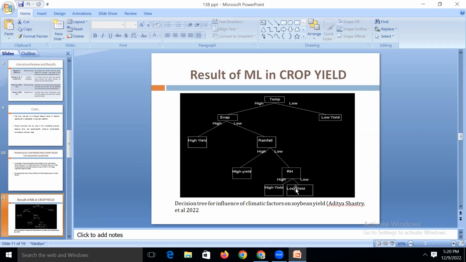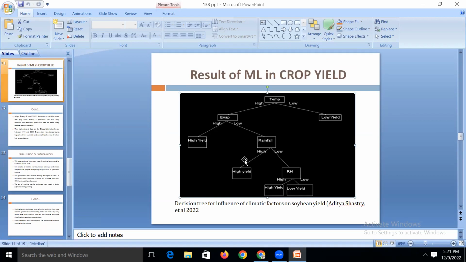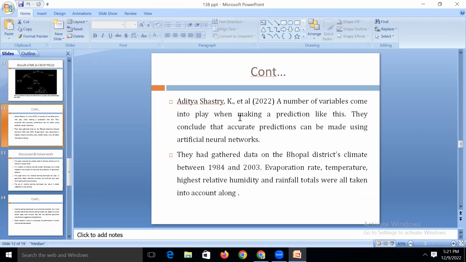This decision tree was used by Shri Aditya Sastry in 2022. He presented his work using a decision tree to show the influence of climate factors on soybean yield. As we see in this decision tree, there are many climatic factors which affect crop production, and how we can get high yield and predict it using environmental factors.